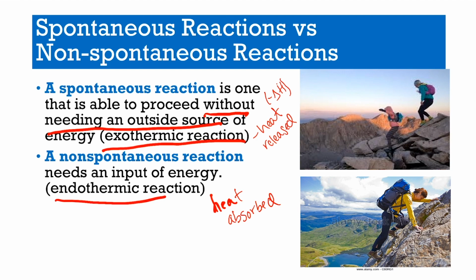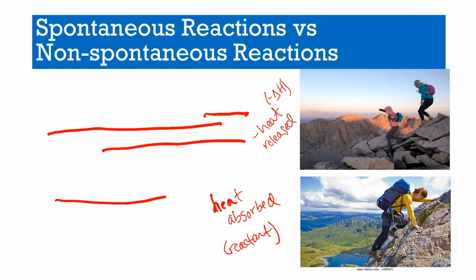That push of energy is the heat that needs to be absorbed, and in an equation, it's written as a reactant. On the other hand, a spontaneous reaction happens on its own. It does not need that extra push, so once it's going, it's going. Those are exothermic reactions, where the heat is released, and in a chemical equation, it would be on the product side.